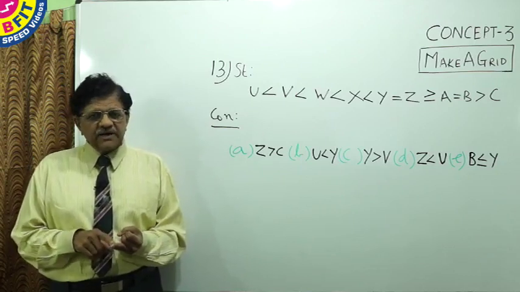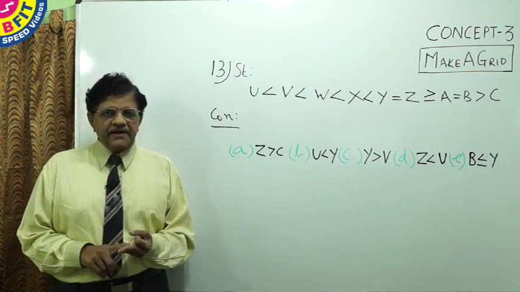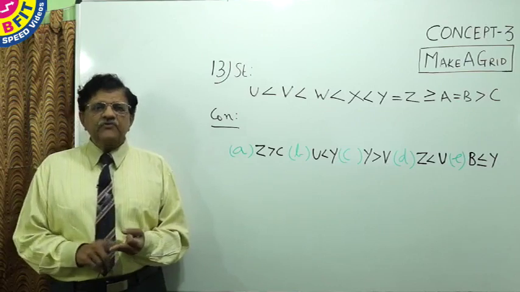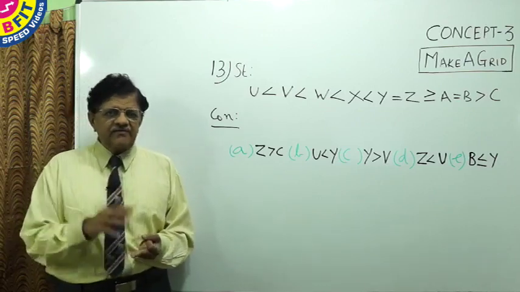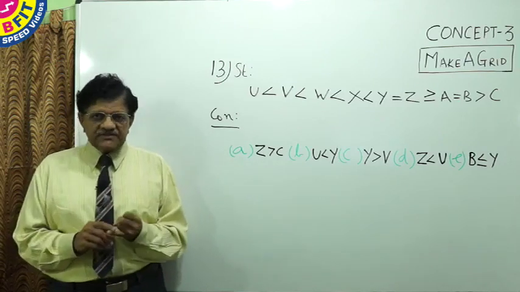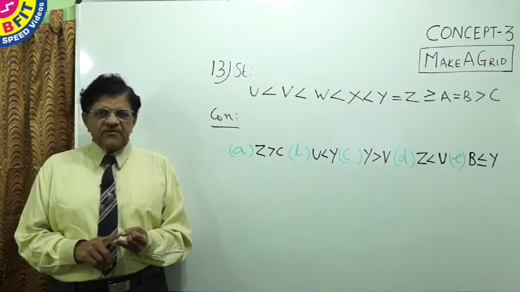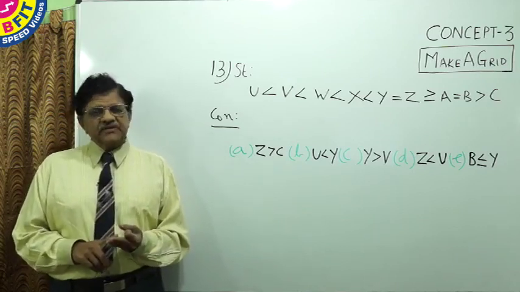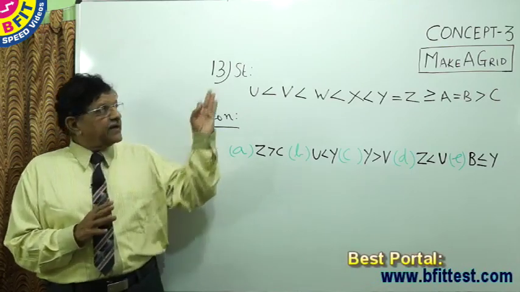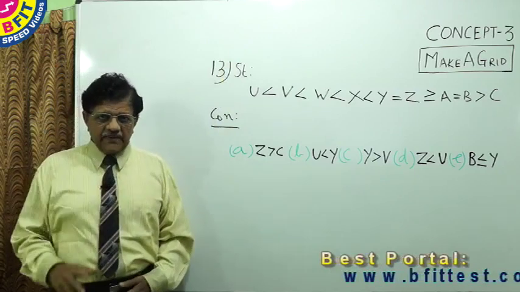If there are opposing symbols, then no conclusion is possible. Step 3: fix priority. We have got 3 symbols, and if there is no opposing symbol, you fix priority, as we have discussed. In short form: first realign the conclusion, second verify opposing symbols, third fix priority. I am not going to write these 3 steps again and again, because you have to keep them in your mind and start solving.